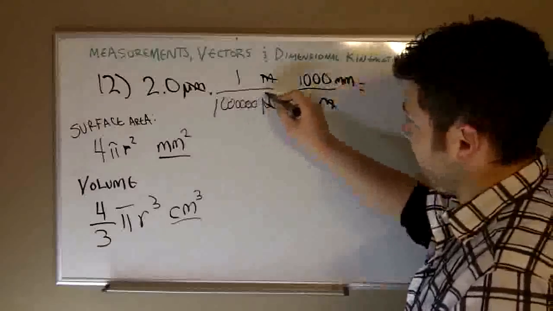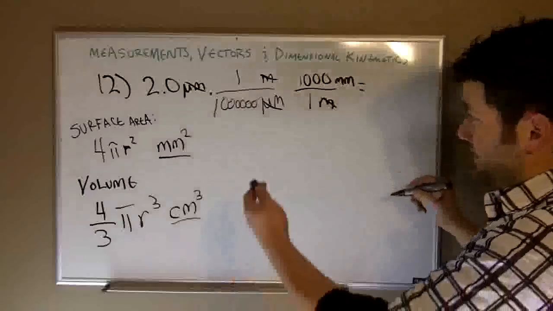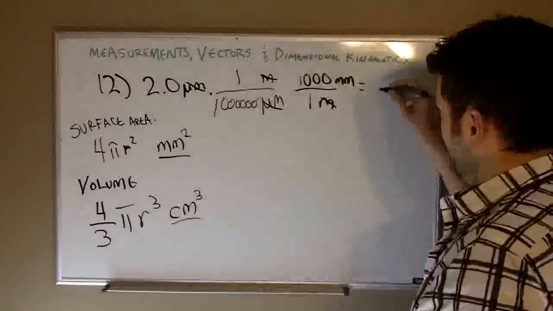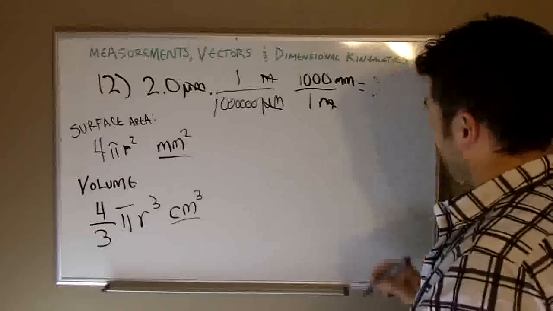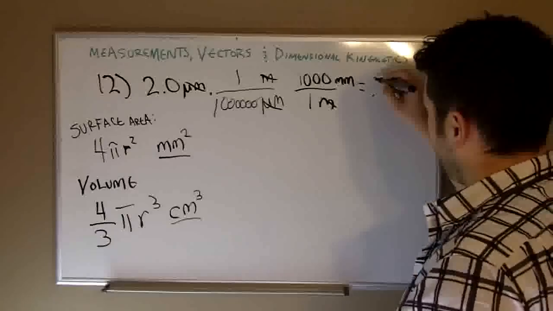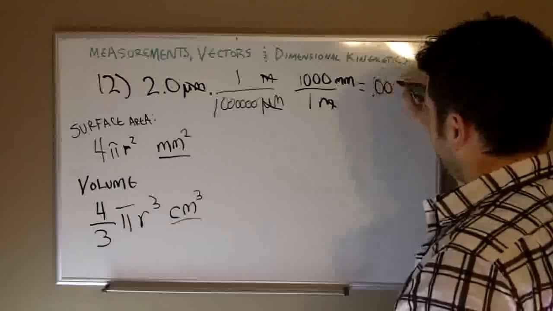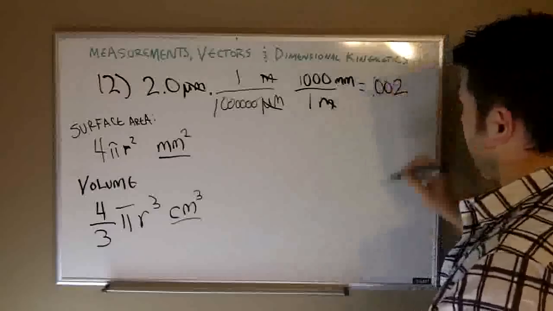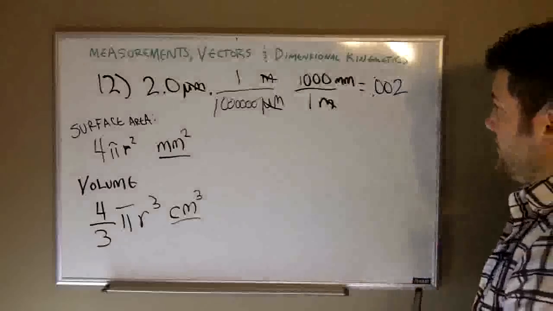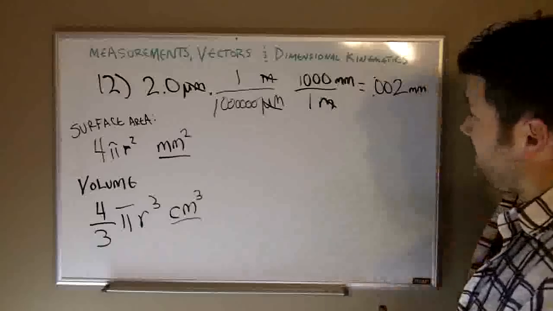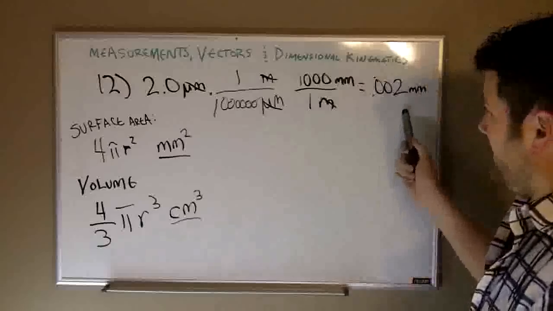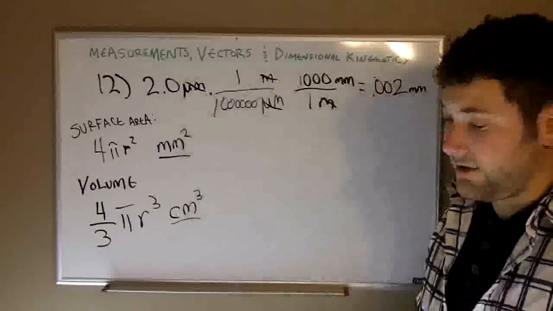Just cancel off 3 zeros, and it ends up being 2 divided by 1,000, which would be, wow, I can't think right now, 0.002. Alright, so 0.002 millimeters is the exact same as saying 2 micrometers.